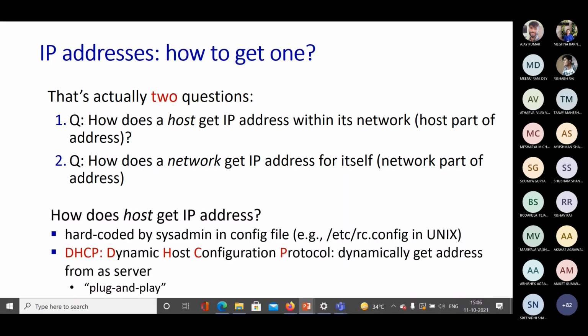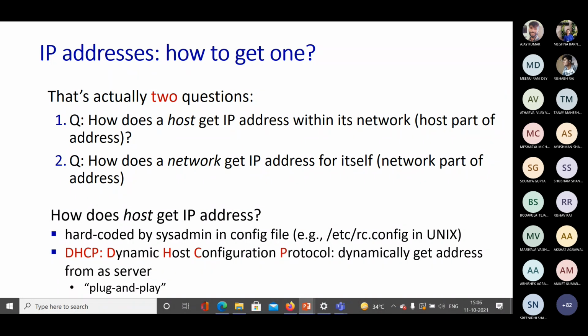Okay, so the address space is limited, but the number of user equipments, or the number of devices that can get connected to the internet, and this is with respect to not a country but the whole world, is much larger than the address space that can be there. So if we hard code IP addresses, or if we assign IP addresses to each device and assign them permanently, in that case we will run out of our address space.